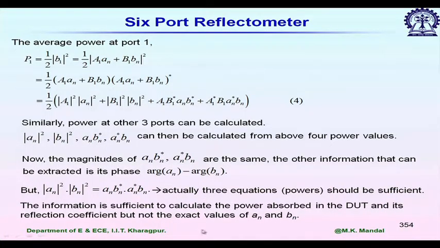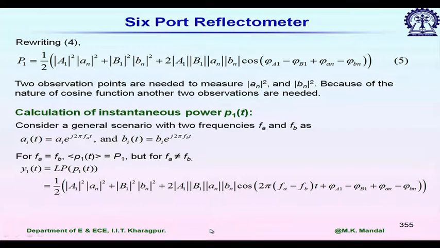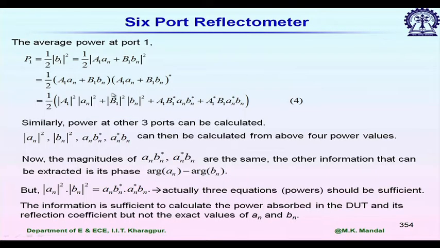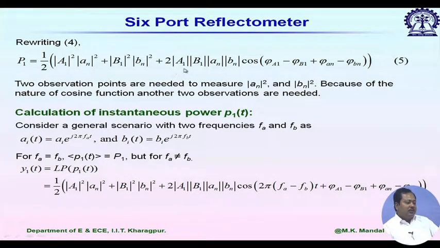So, that is why it is justified that we need at least 4 observation points, even though we have those relationships. Here you see it is explicitly written using that cosinusoidal term, the same equation 4, but the third and fourth terms we are expressing in terms of the cosinusoidal terms.